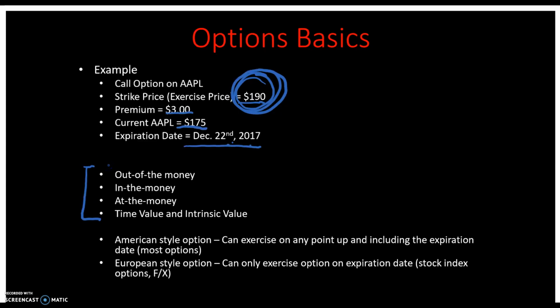So when we refer to out of the money, this example here is an example of an out of the money option. Why is it out of the money? Well, because the strike price is actually greater than what the current price is.